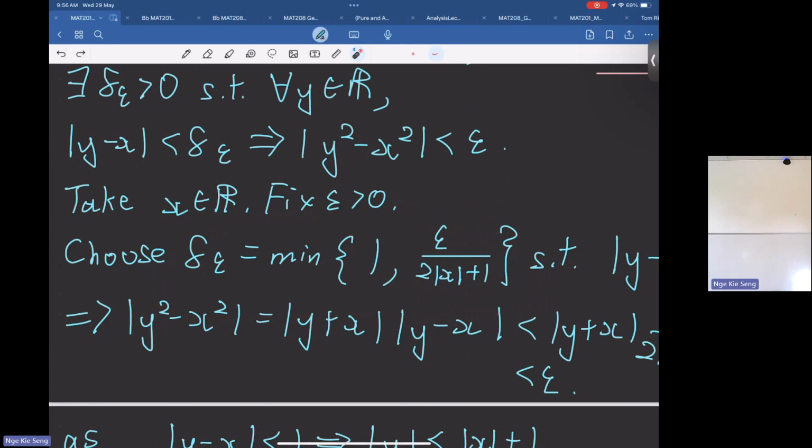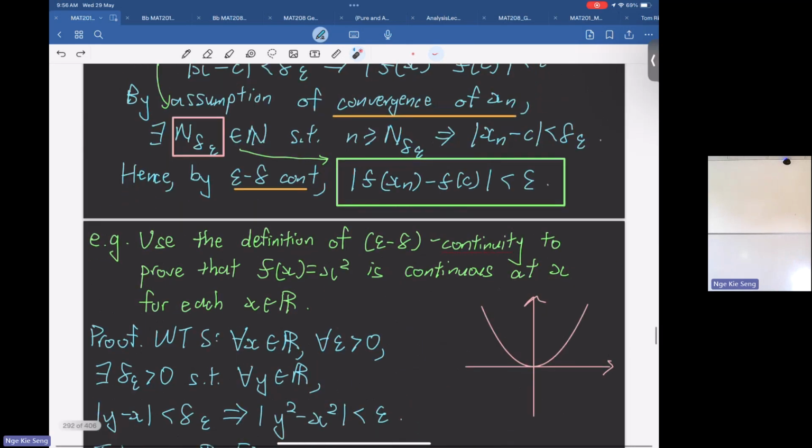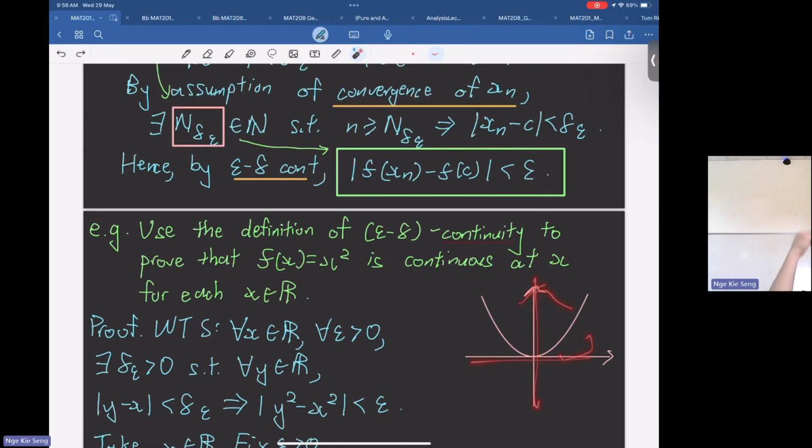There's no x factor inside here if it is uniform continuous. Does it make sense? Okay, good. So you need to remember this simple example, because it will keep your concept right.